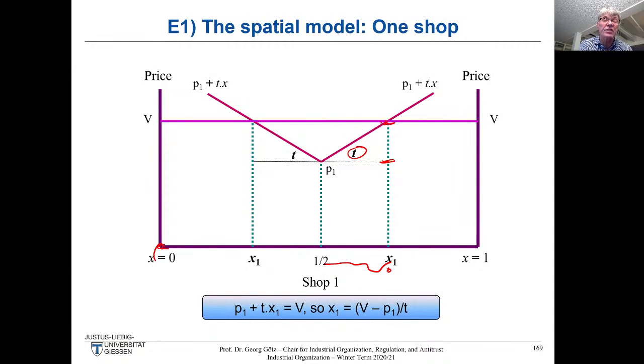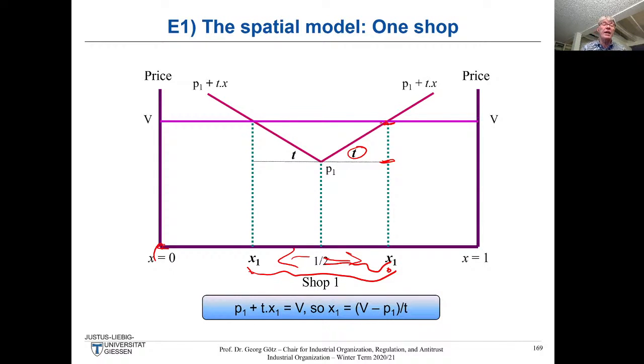And here it doesn't matter whether I go to the left or to the right of the shop. It's always the same. So everyone within the distance x1 will buy from the shop.